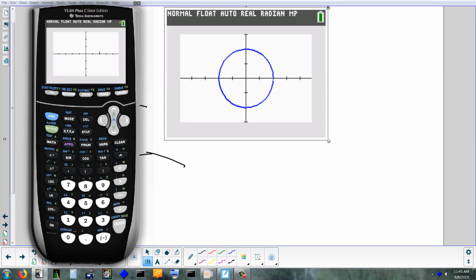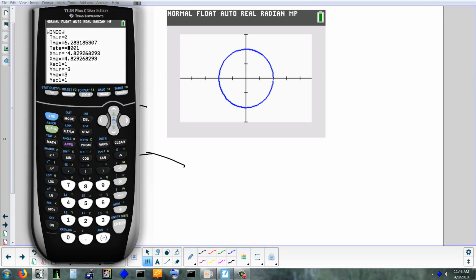I mean, it's doing it, but if you look at it, it's going to take a very long time. So if you made the t-step too small and you don't want to wait another 2 or 3 minutes for that to finish, just press second off, and then you'll notice the little yellow circle stop spinning. But until you press second off, you can't touch it, it won't do anything. So second off, and then you can adjust it.